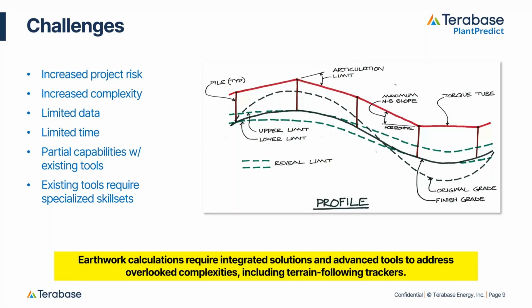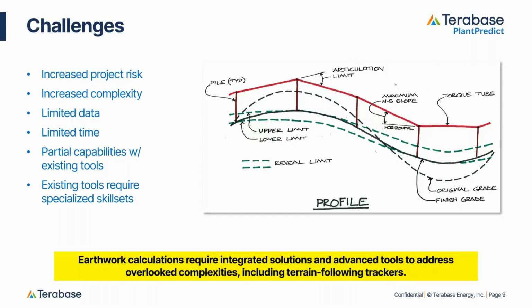These trackers are very helpful to us in the industry because they can reduce earthwork by between 60, 90%, even 100%, depending on the site. But they do present design complexities. The reason they are complex is because tracker profiles have to minimize the earthwork while adhering to tracker specifications.